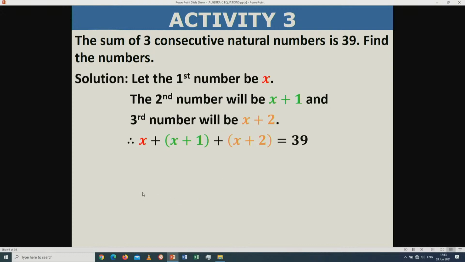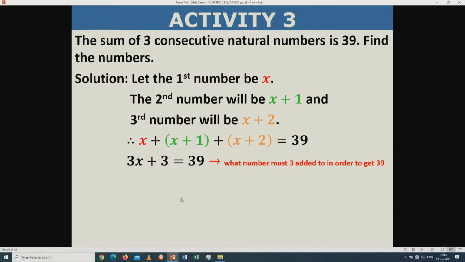And then we have to add the like terms. In adding the like terms, x plus x plus x will give us 3x, and then 1 plus 2 will give us 3. So therefore 3x plus 3 is equal to 39.